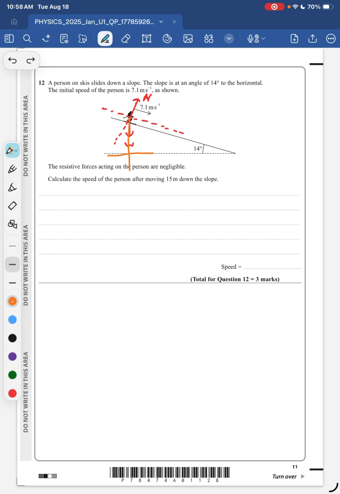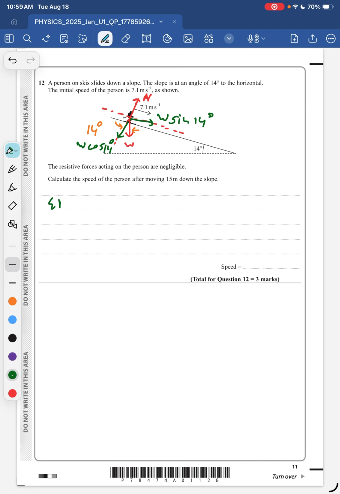So this angle is 14 degrees, and we have the component of the weight along the perpendicular direction, which is W cosine 14 degrees, and a component W sine 14, which is the one that causes the acceleration since it's not balanced by anything, right?